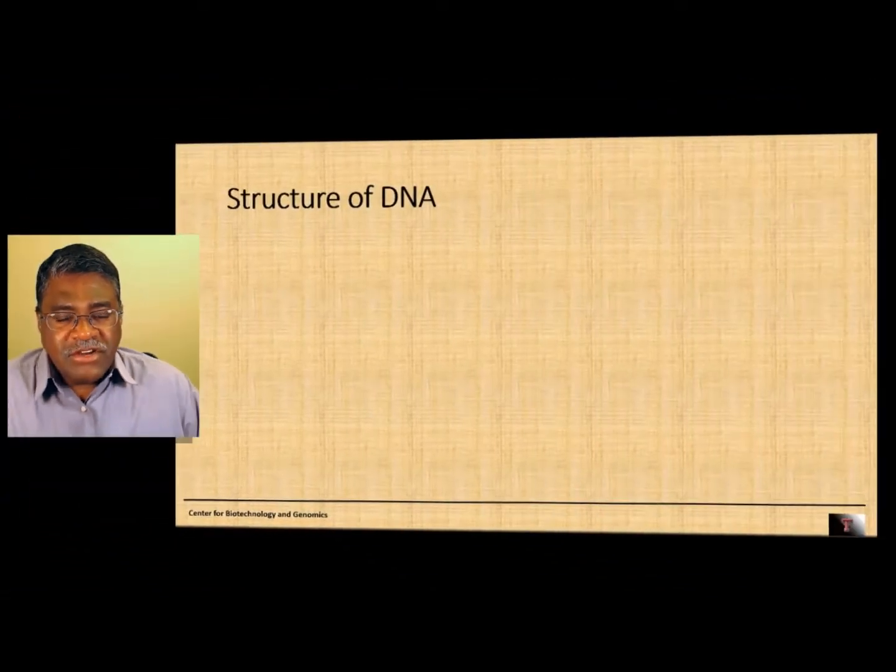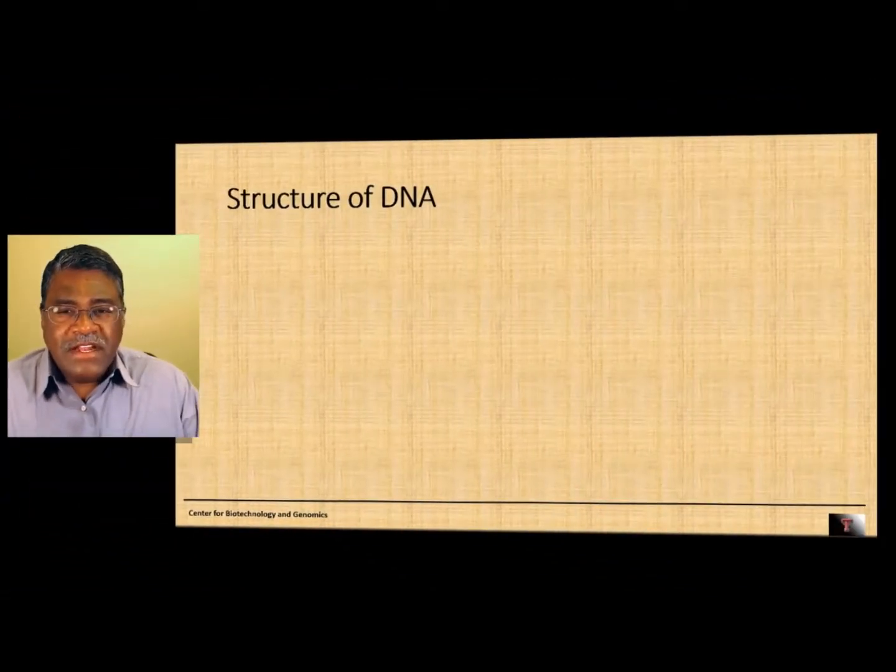But I want you to begin to understand that while you write just a sequence of letters and say, well, this is my DNA sequence, there is a structure behind it. So keep this at the back of your mind, that when you write A, it means something structurally, okay?